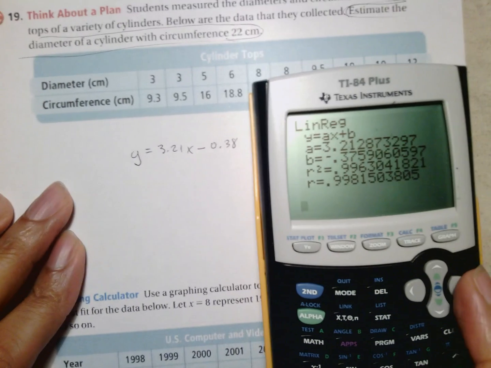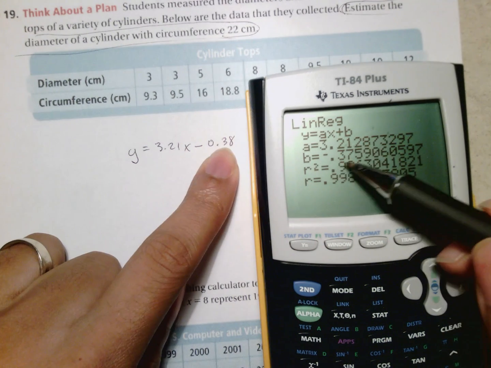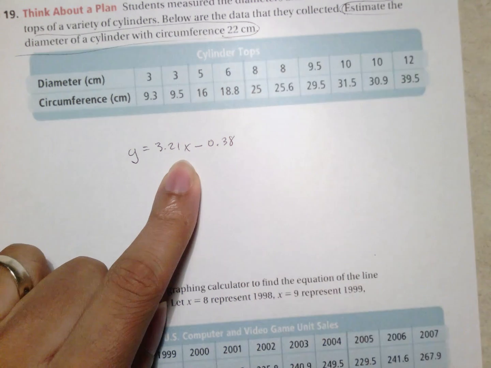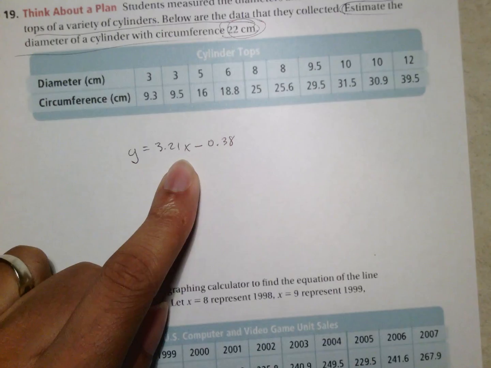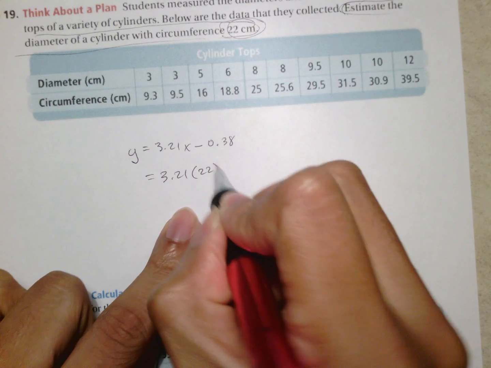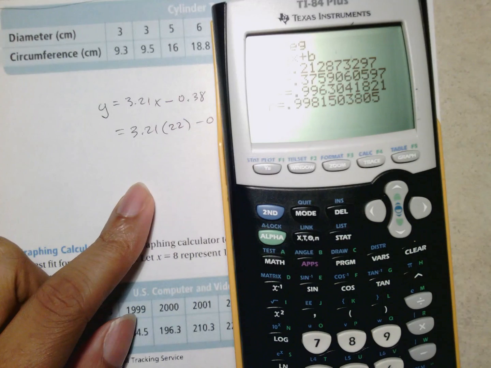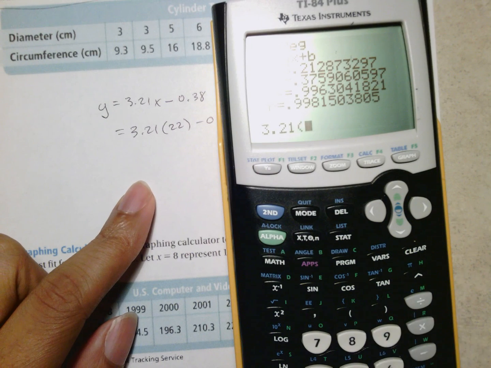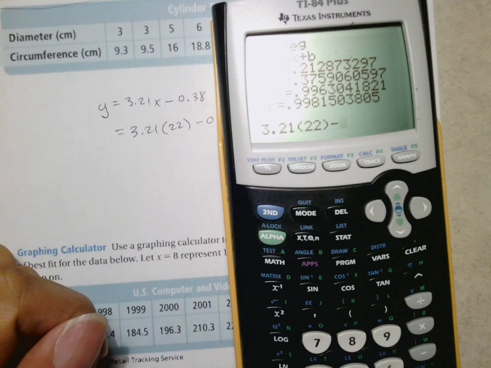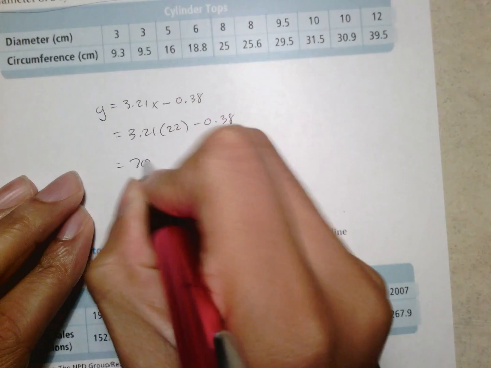Based off of these numbers again, 3.21 because I rounded it there. B is negative 0.375, so we round it to 0.38, and you want it for a circumference of 22 centimeters. And again, what you do here is you take the 22 and you plug it in, and then you just type it into your calculator, 3.21 times 22 minus 0.38, to get your answer of 70.24.